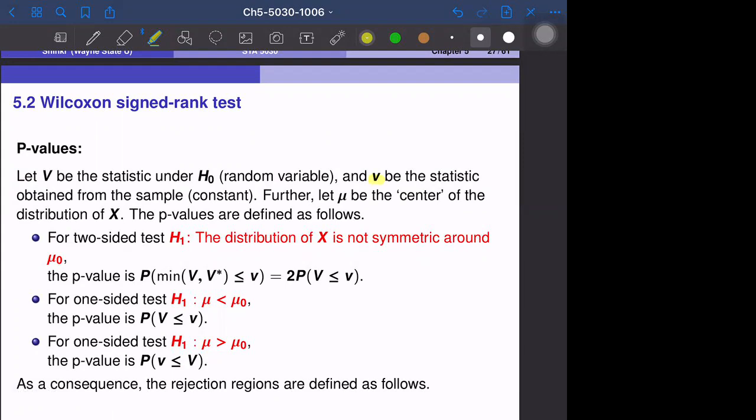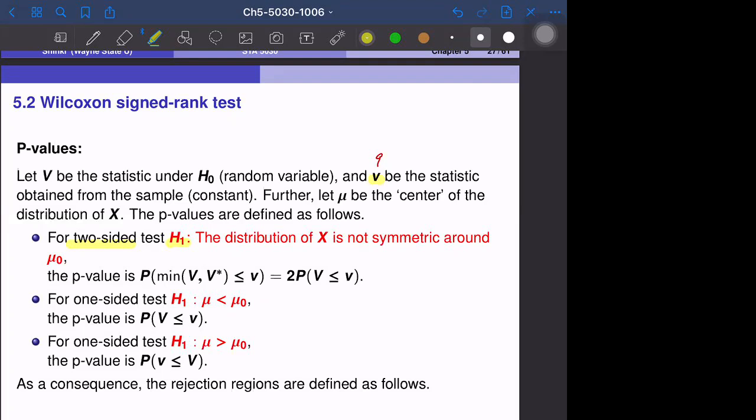Last time we obtained 9, so this is the lowercase v. Then to calculate the p-value, we have to set the alternative hypothesis. Here, at first, we think about a two-sided test, and the alternative is that the distribution of X is not symmetric around mu naught.